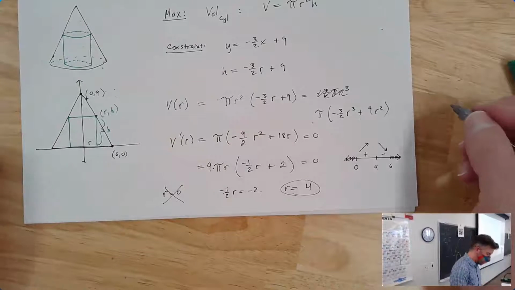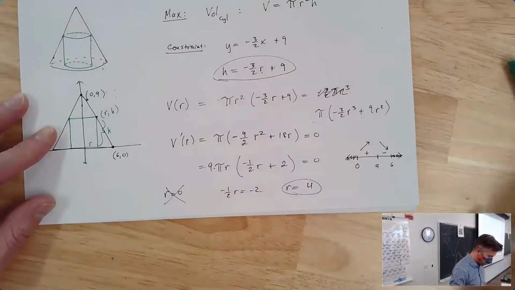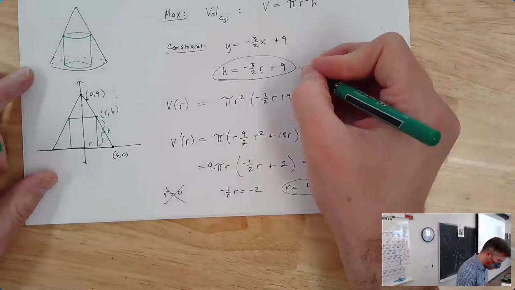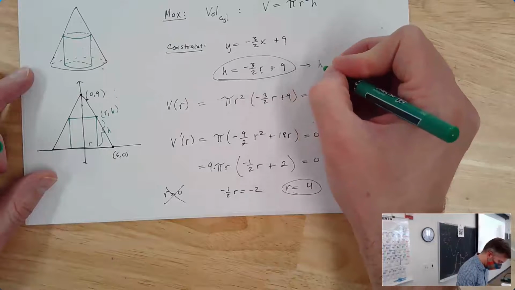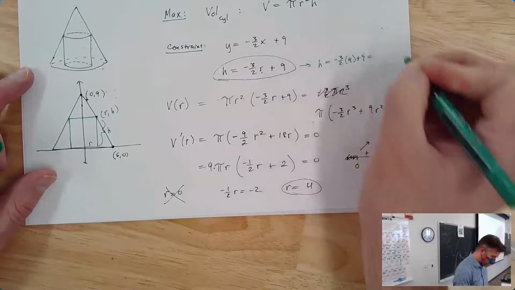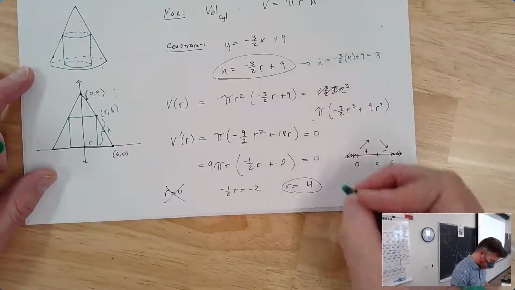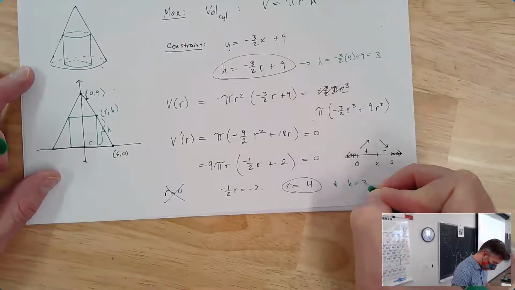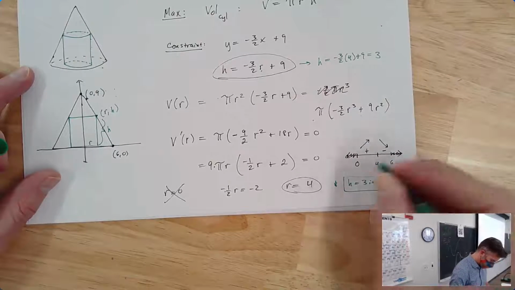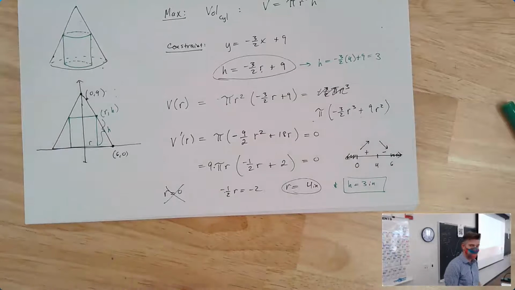And then we find the other dimension. We go back to our height equation. If the height is negative 3 halves r plus 9, that's going to be negative 3 halves times 4 plus 9, which is negative 6 plus 9, which is positive 3. All right. Not too terrible.